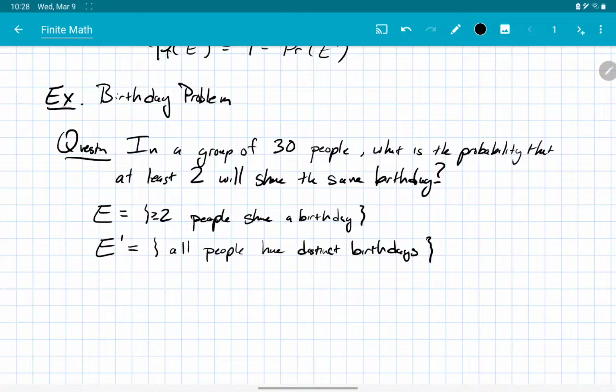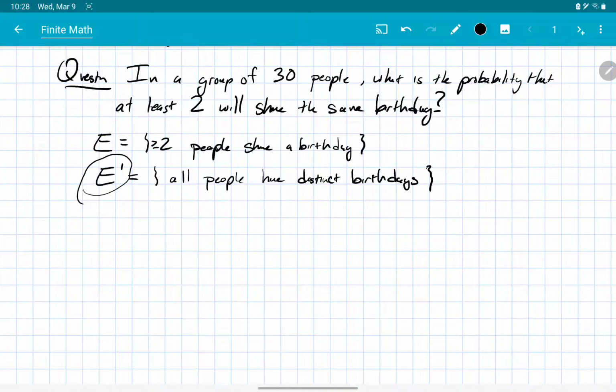So E is 2 or more people sharing the same birthday, and E prime is all people having distinct birthdays. E prime is what we're going to focus on because this is somewhat easier to calculate.